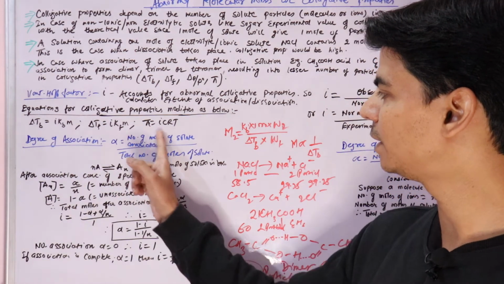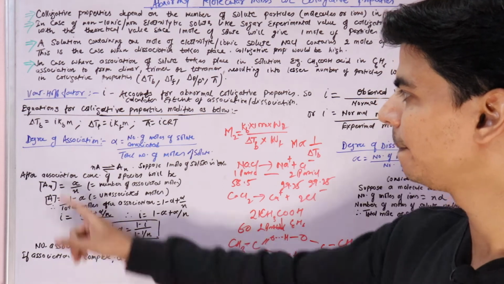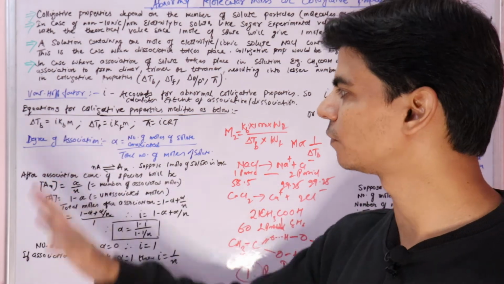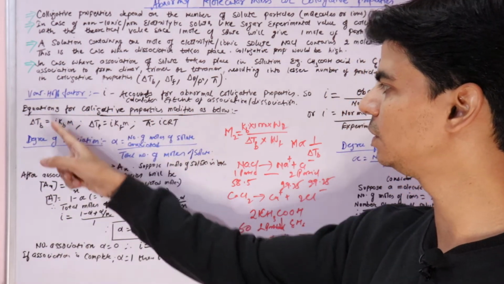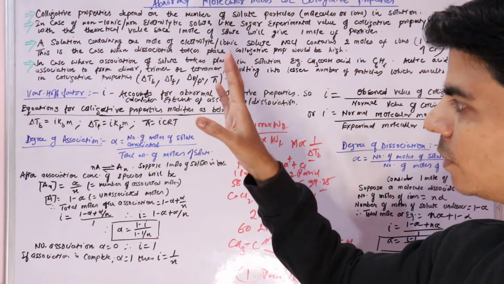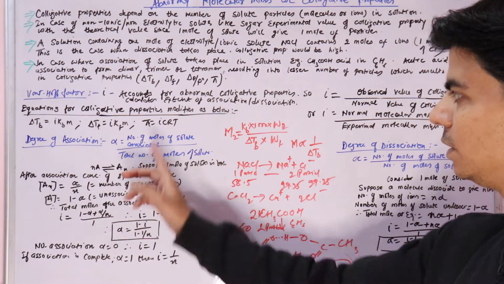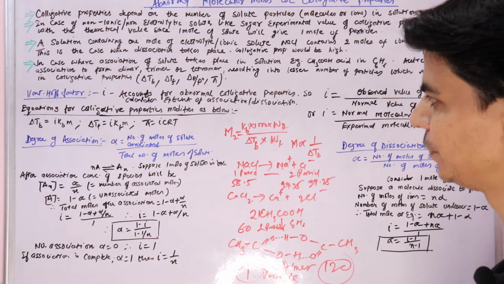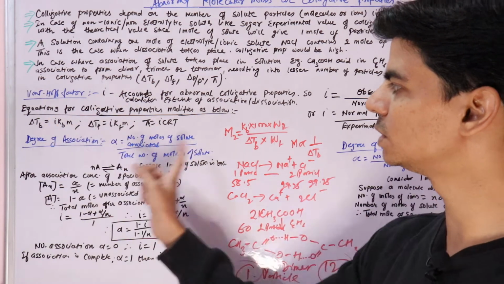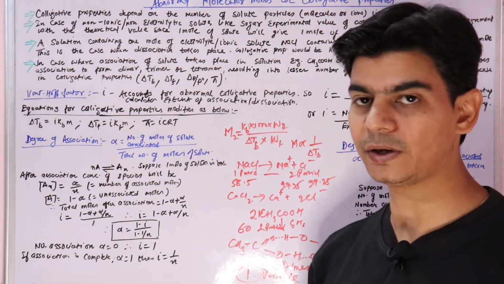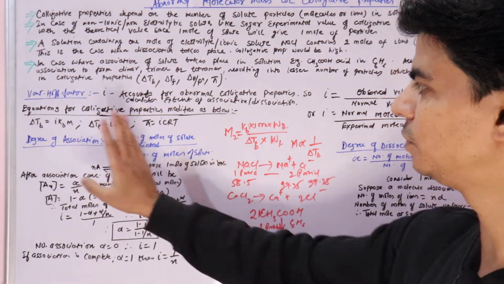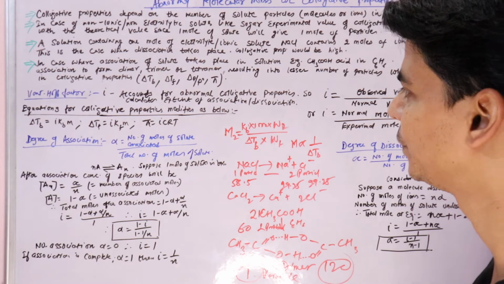So here, and same as with osmotic pressure, we will introduce the i factor. i is the Van't Hoff factor. So this is how all these three equations would be modified in case of abnormal colligative properties. This is how the Van't Hoff factor is introduced in all these three equations, right? So in numericals you would be using this Van't Hoff factor. When the numericals are on these abnormal colligative properties, you would be using these relations.